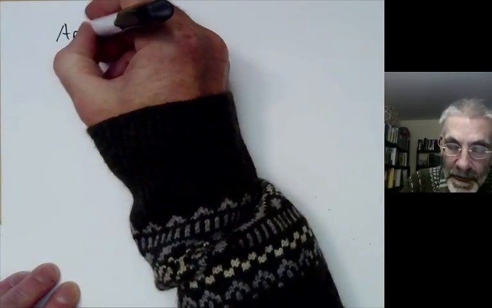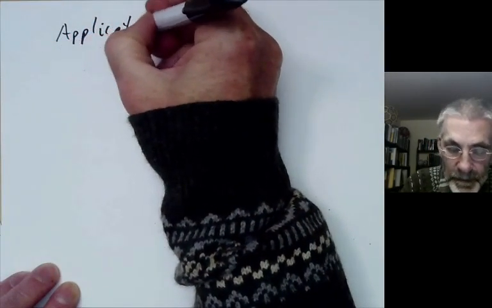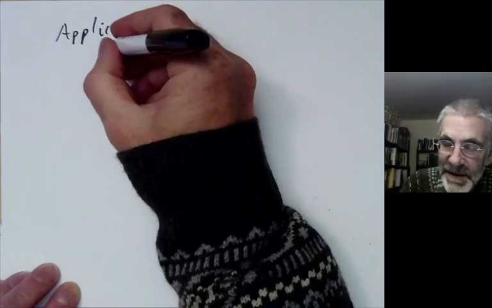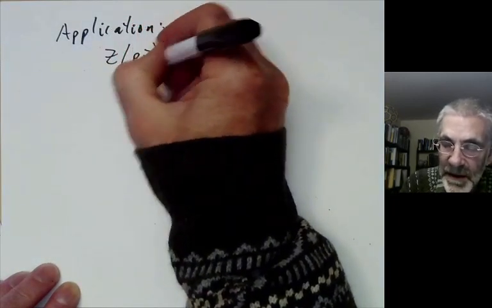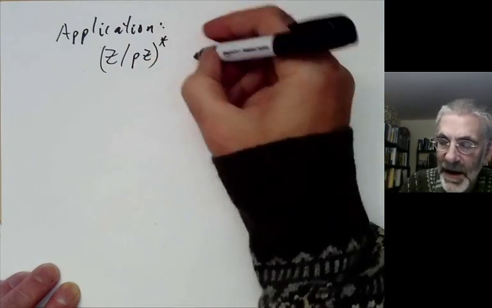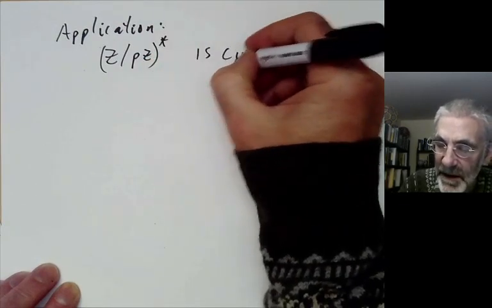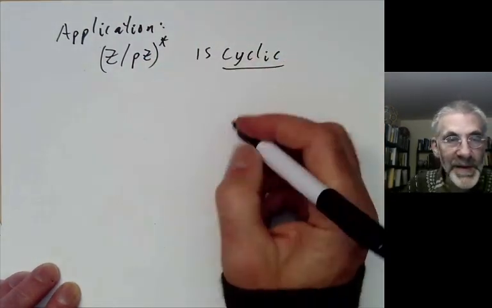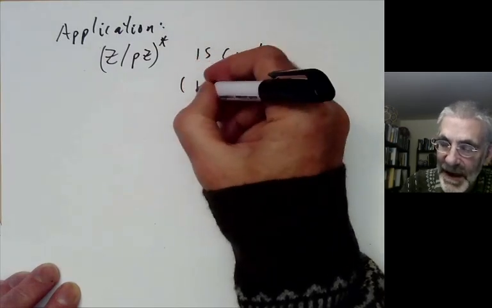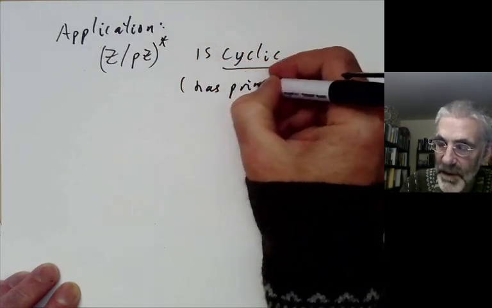So there's a useful application, which says that if you take the group of non-zero elements of Z modulo pZ, this is cyclic. So in number theory, we say that it has a primitive root.